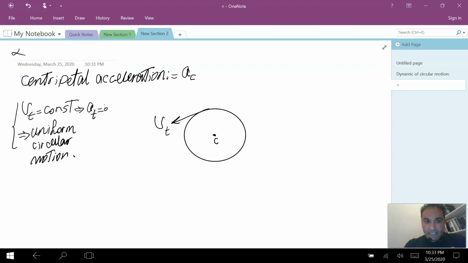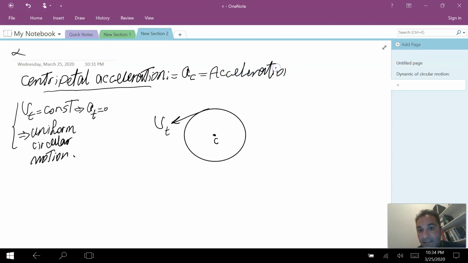So a new acceleration comes into the game in circular motion, which is called centripetal acceleration. What is that? It is an acceleration toward the center, the center of rotation.